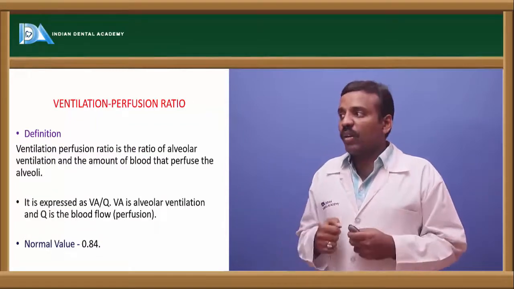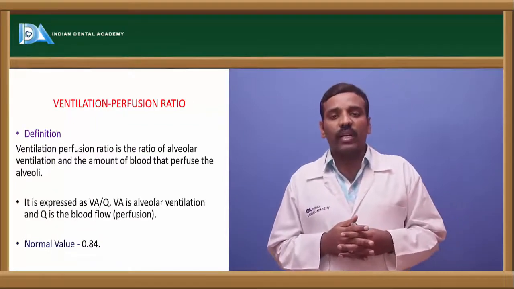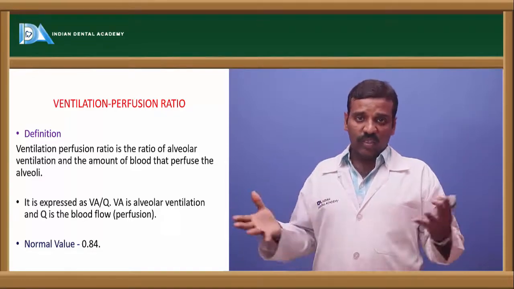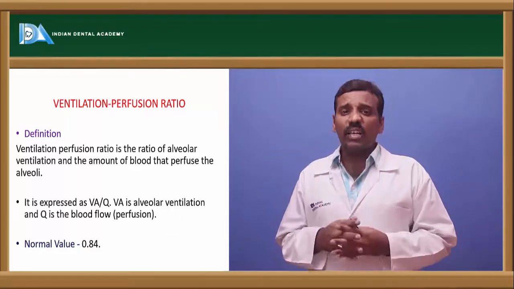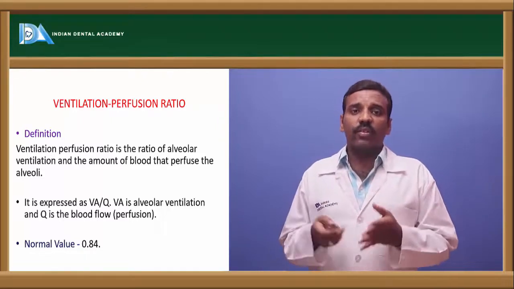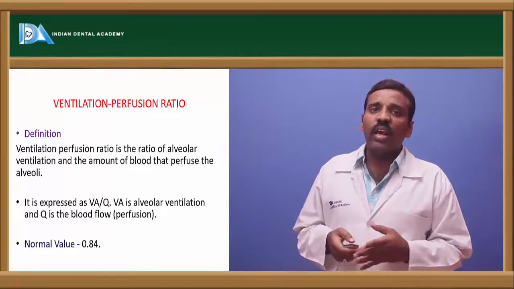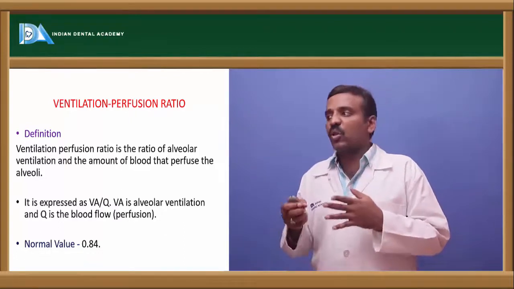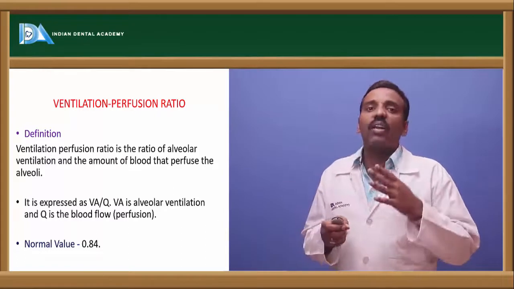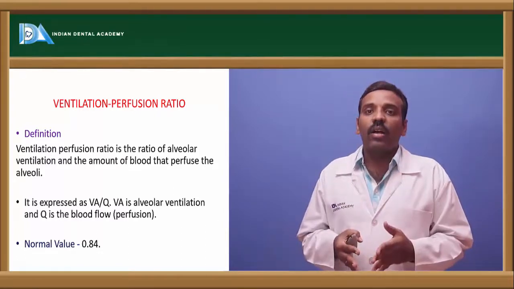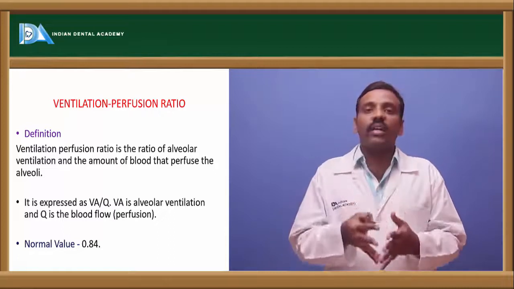Okay, and next one is the ventilation and perfusion ratio. Ventilation in the sense of respiration, and perfusion in the sense of mixing. What is the ratio and what are the characters involved in between this? The definition: the ventilation perfusion ratio is the ratio of the alveolar ventilation and the amount of blood perfused in the alveoli.